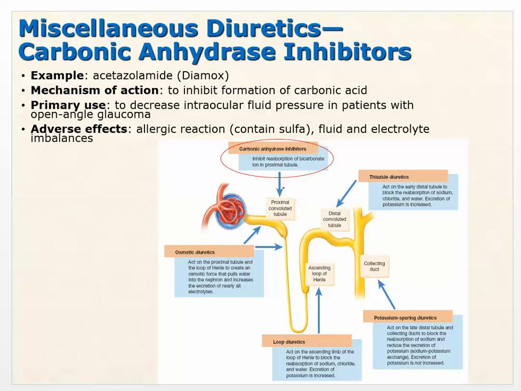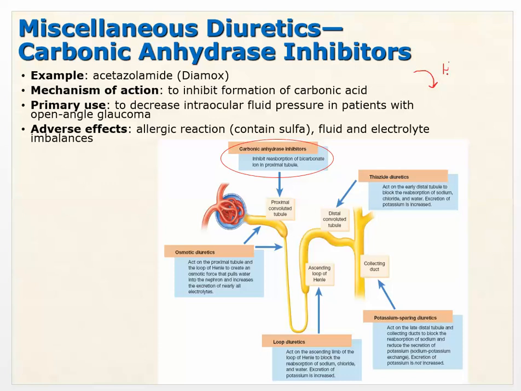Carbonic anhydrase, hopefully you remember, is how pH is regulated by breathing: if you combine carbon dioxide and water, you make carbonic acid. The enzyme that does that is called carbonic anhydrase. That's all this is. Now, that sounds like a pH issue, and it is, but these are all related, and we're not going to get into all the mechanisms.